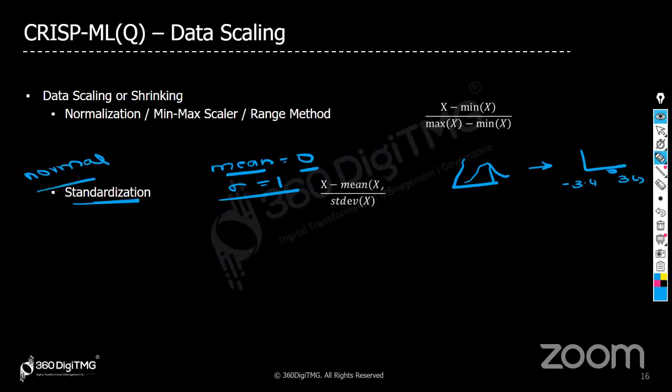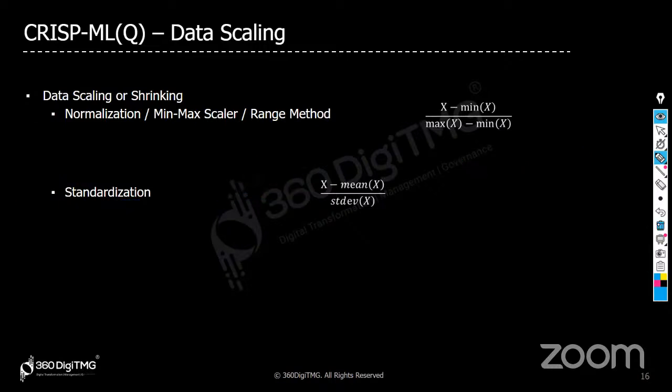This is based on mean and standard deviation. Here the mean is 0. When we compare normalization with standardization, standardization is less affected by outliers. So this is about the second one, standardization.